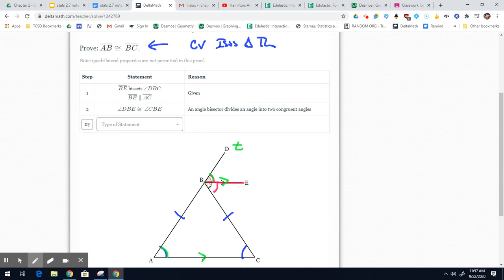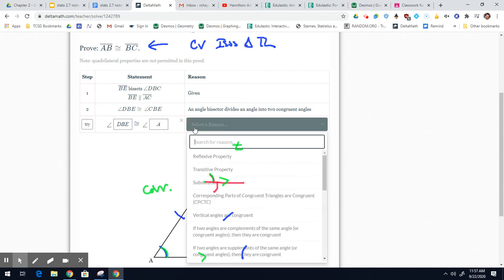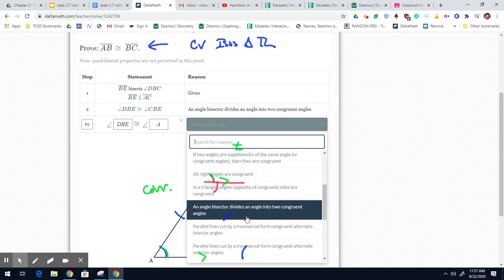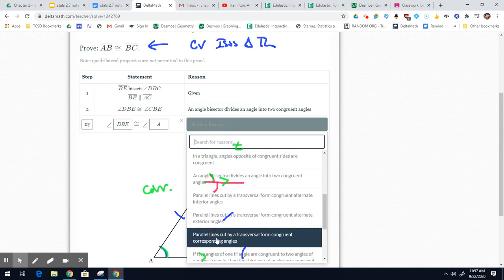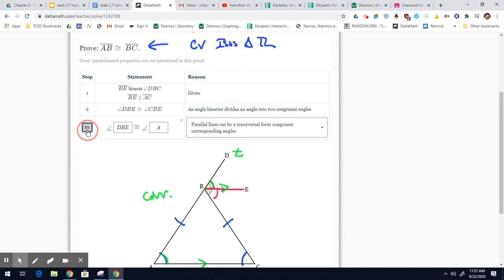Angle DBE is congruent to angle A, and that's because they're corresponding angles. So if we have parallel lines cut by a transversal, corresponding angles are congruent.